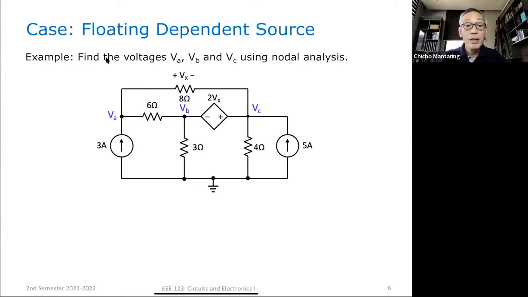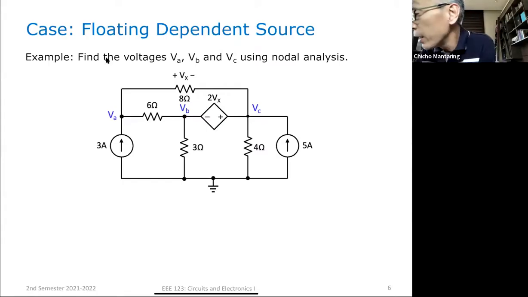The problem with having a floating source is we don't know the current that is passing through that particular source. Therefore, we cannot form a KCL equation for this node or for that node. So what did we study in the last lecture? When you have a floating source, you combine the nodes that source connects into a single supernode.